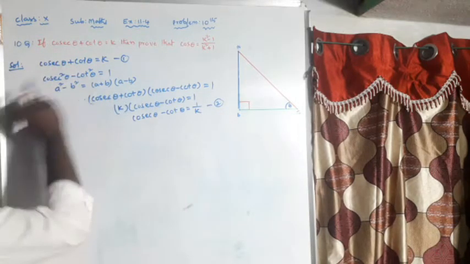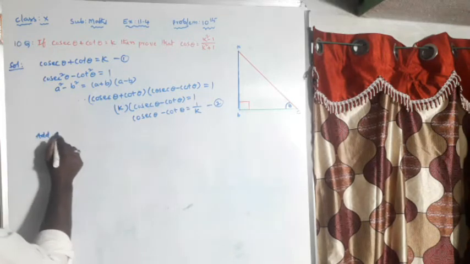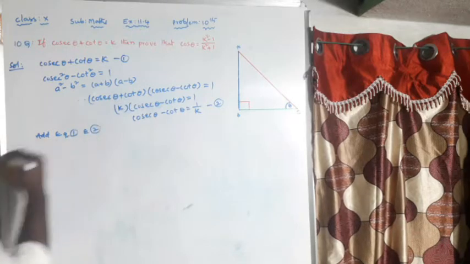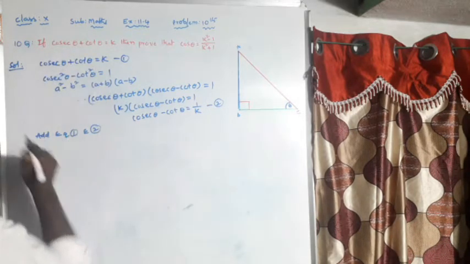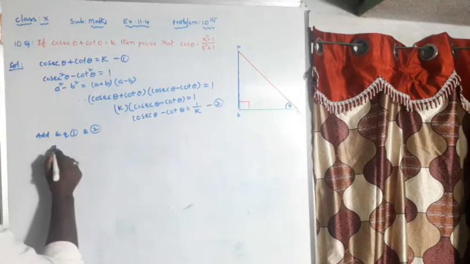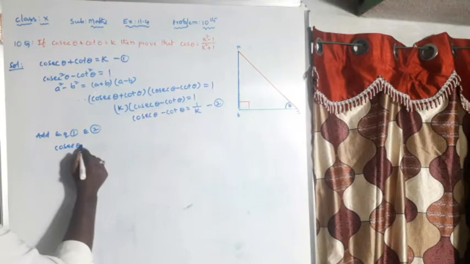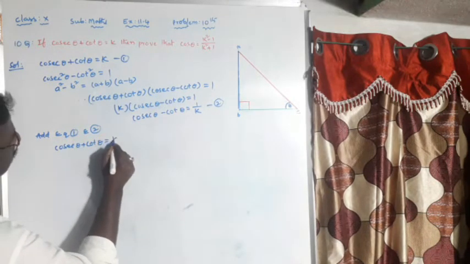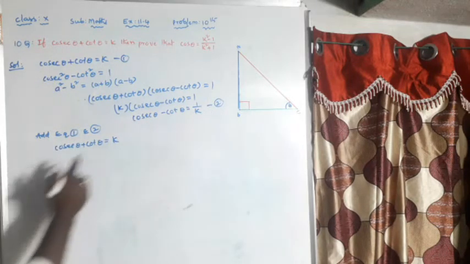Now you can add equation 1 and 2. What is equation 1? Cosec theta plus cot theta is equal to k. You can write here. Next you got another equation, that is second equation.